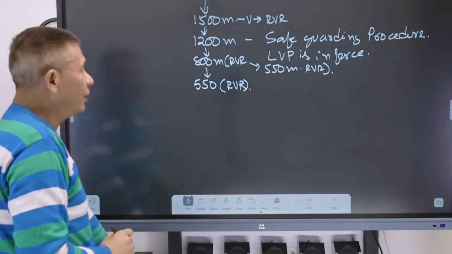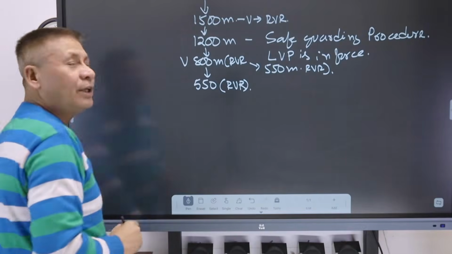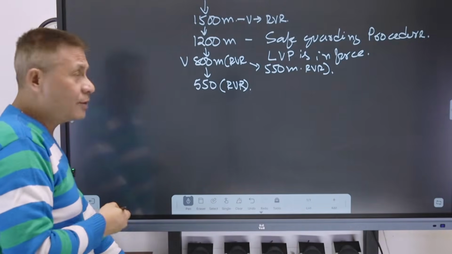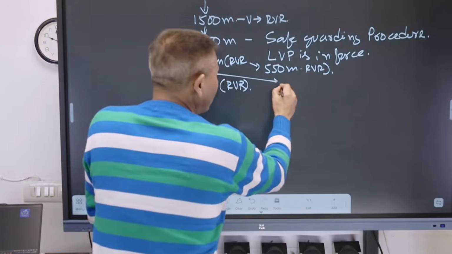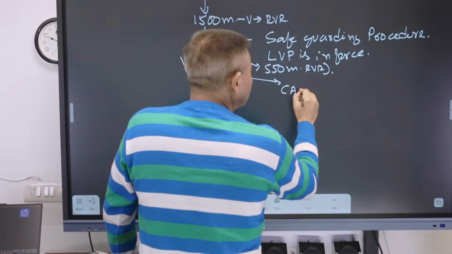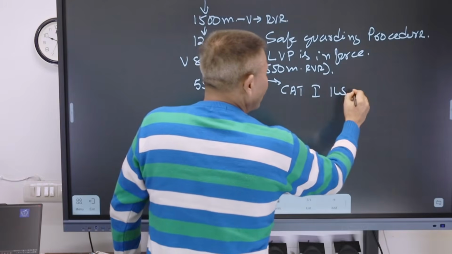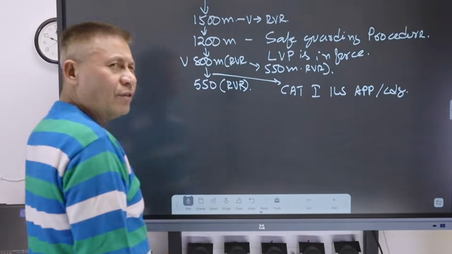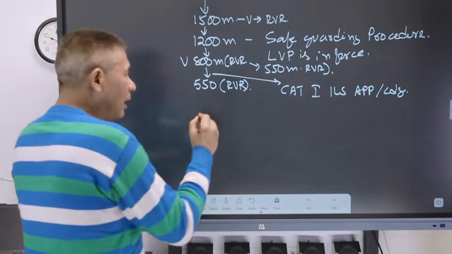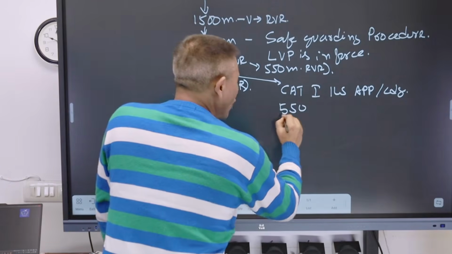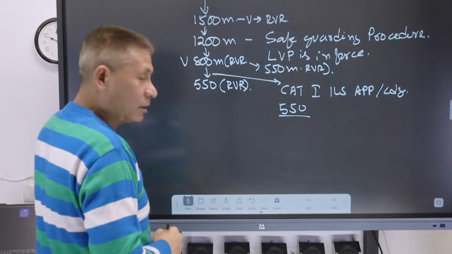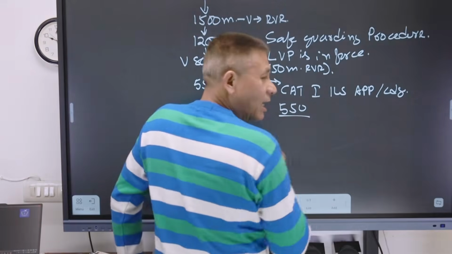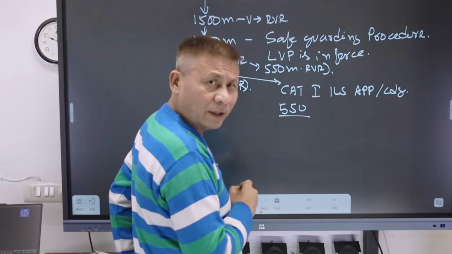So now in this case, from a visibility of 800 meters or an RVR of 550 meters, the type of operation which I am going to be carrying out is a category 1 ILS approach and landing, for which the minimum requirement is that I should have 550 meters of RVR at the touchdown, and the mid as well as the end RVR is not mandatory.